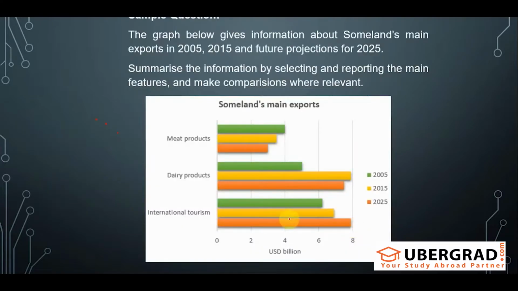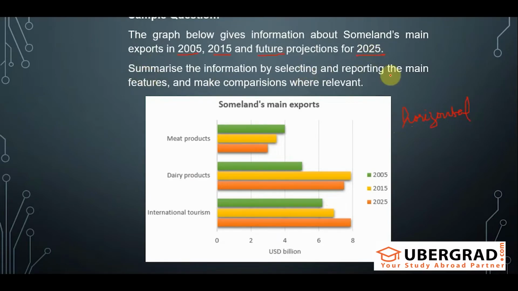Next, here is an example of a bar graph. And what kind of a bar graph is this? This is a horizontal bar graph, right? So this is showing some land's main exports. The graph below gives information about some land's main exports in 2005, 2015, and future predictions for 2025.